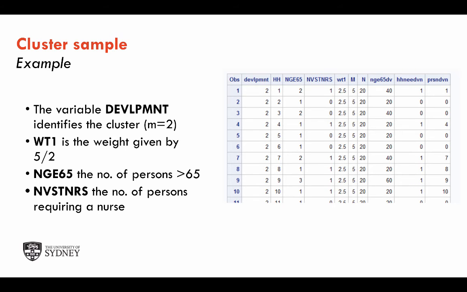The WT1 is the weight that is given by the 5, the total number of clusters in the population, divided by the 2, the total number of clusters in the sample, so 2.5. The NGE65 gives me the number of individuals with age above 65 in each one of the houses, and the variable NVSTNRS gives me the number of individuals that require a nurse in each one of the houses.